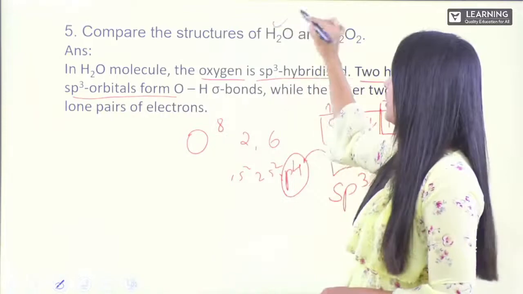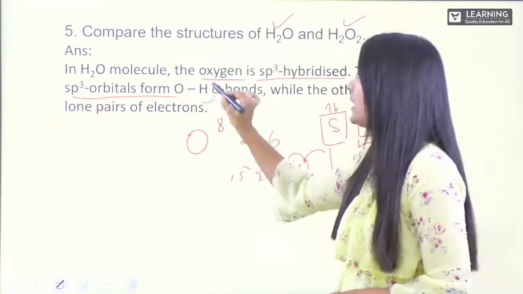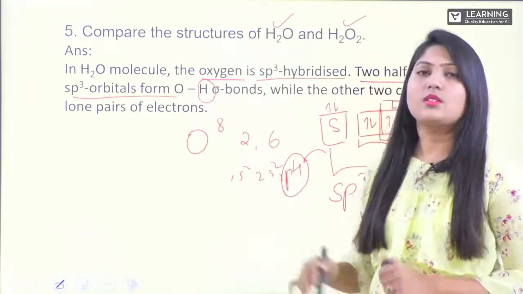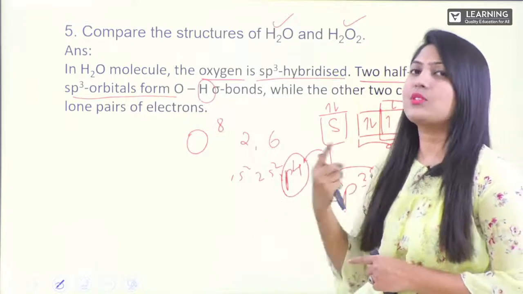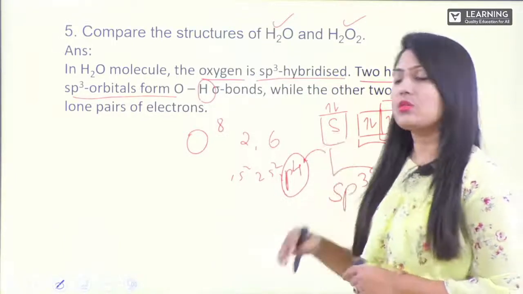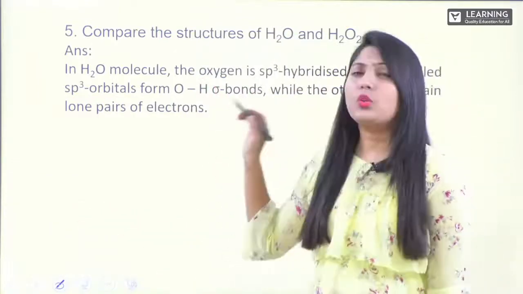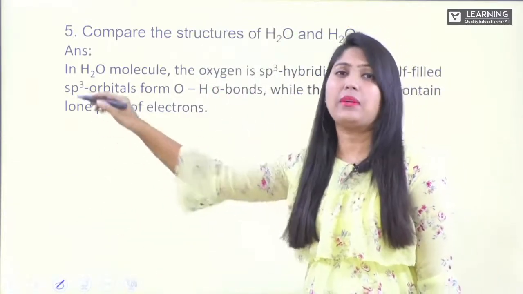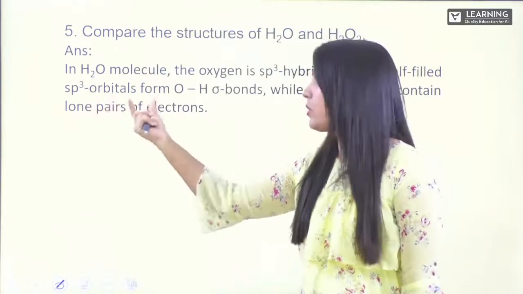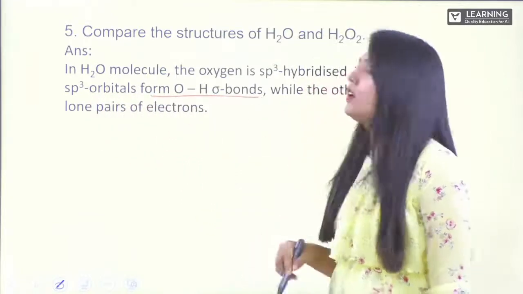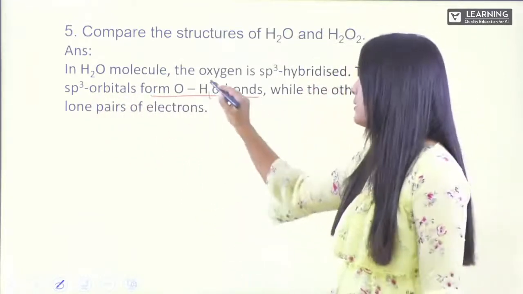Here in water or hydrogen peroxide, we take hydrogen. Hydrogen shares 1 electron with it, such that even hydrogen gets stability. So the 2 half-filled sp3 hybridized orbitals of oxygen bond with hydrogen to form sigma bonds.